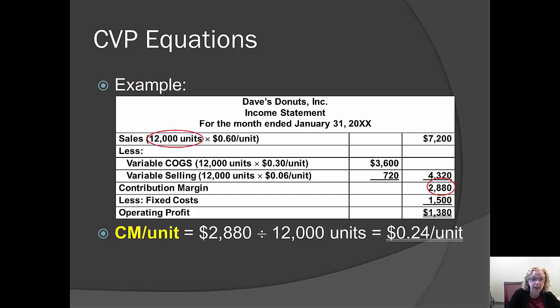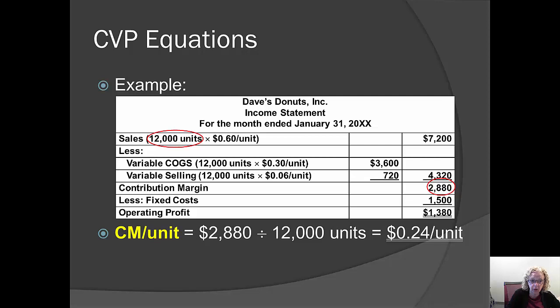$1,380. Now, his contribution margin per unit we can figure out in a couple of ways. One way is to take his total contribution margin, $2,880, and divide by the total number of units. And that tells us each unit contributes 24 cents after we have considered all of its variable costs.